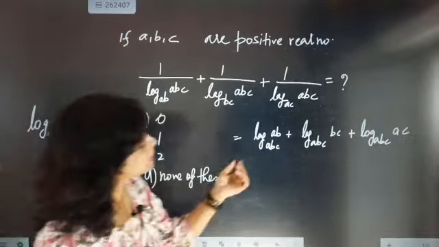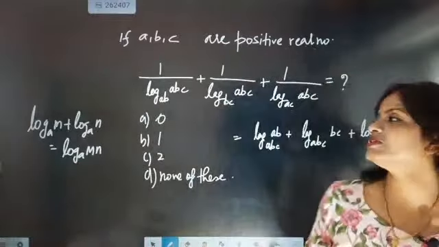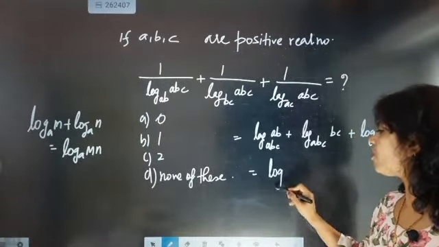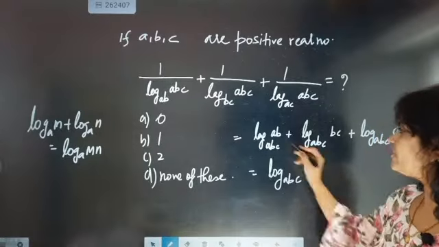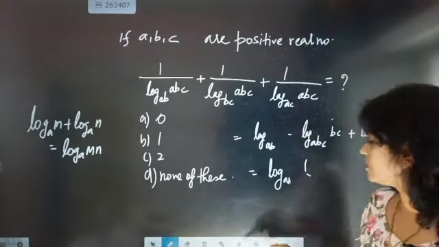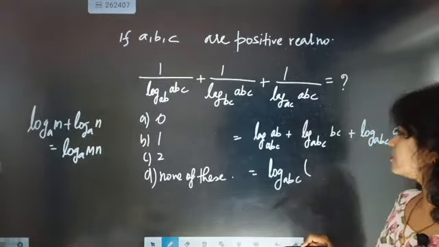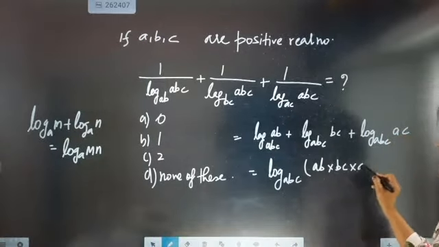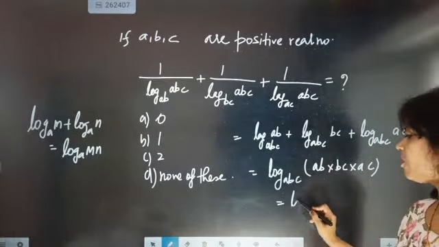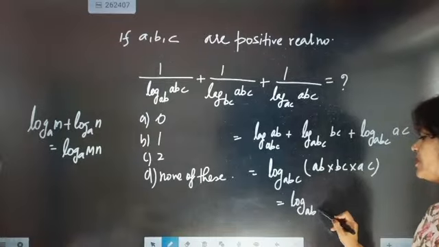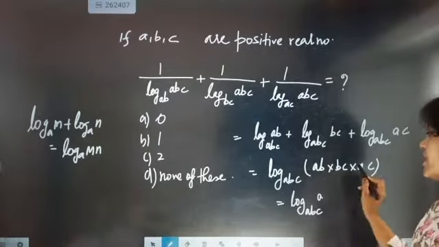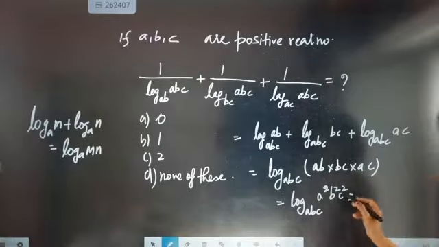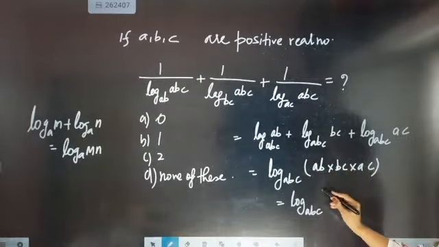Here the base is the same, ABC, ABC, ABC. So we take log base ABC common, and the arguments get multiplied: AB into BC into AC. So it becomes log base ABC of A square B square C square, which is ABC whole square.